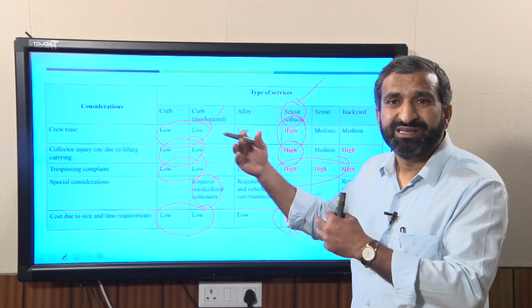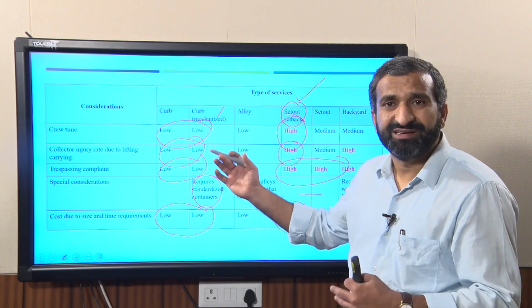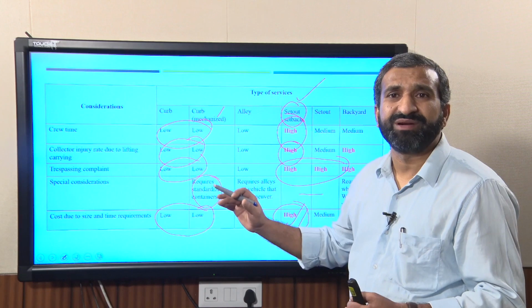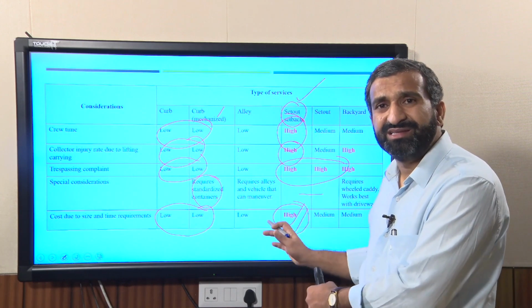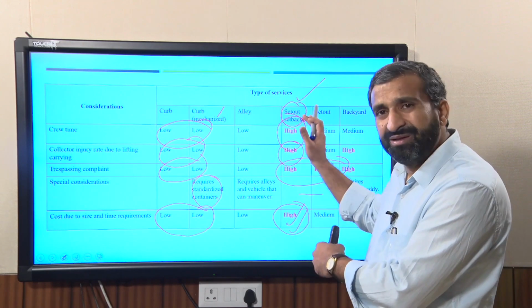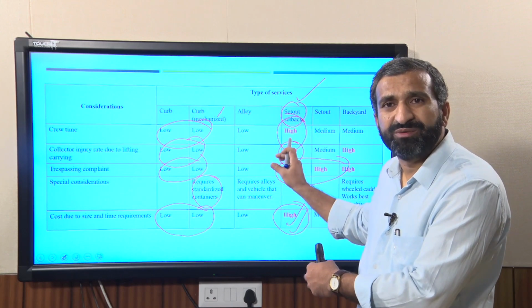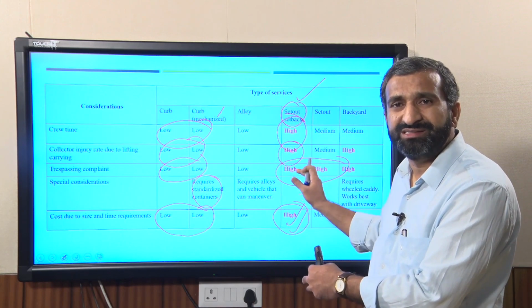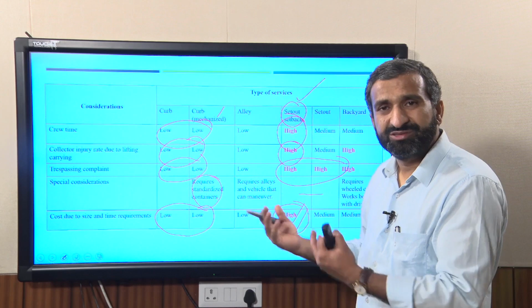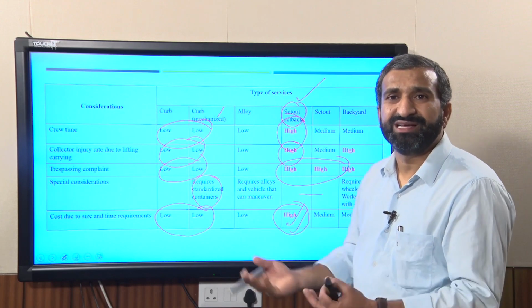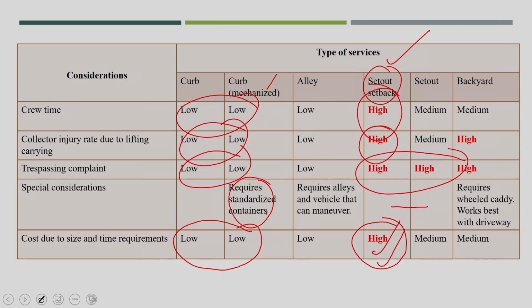In treatment, the dry waste is recycled, from which we get some money, and biological waste can produce compost or biogas, which are sellable. So from that, the money has to come for the set out setback service.